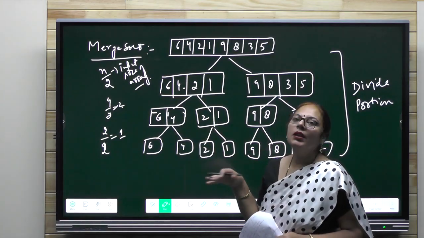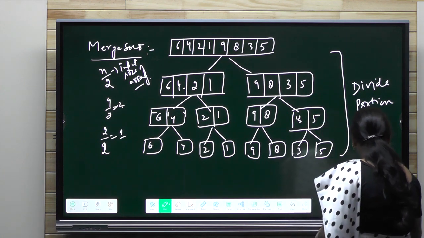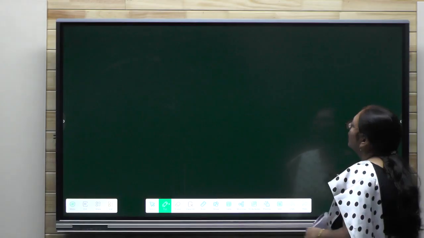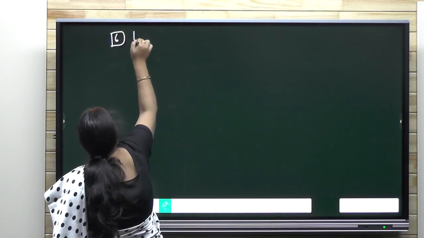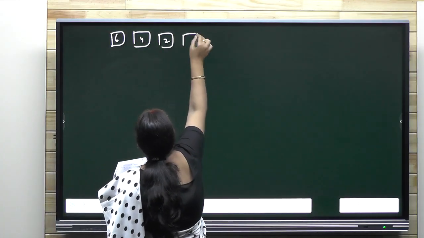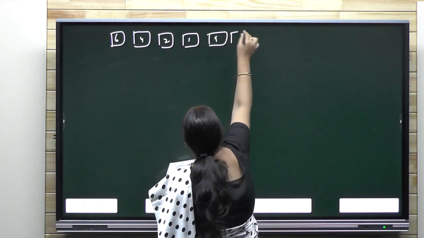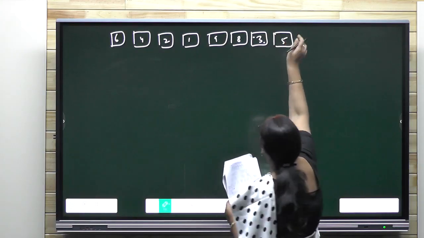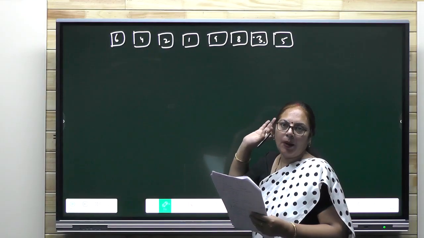After dividing, now the conquer part will start. How will the conquer part work? What we had, 6, 4, 2, 1, 9, 8, 3, 5, we have got from the divide approach.